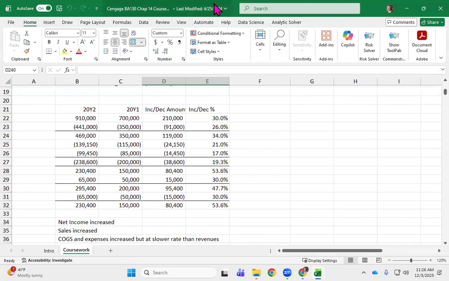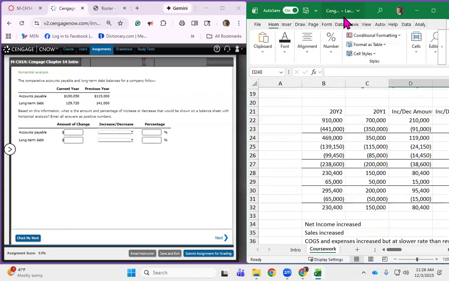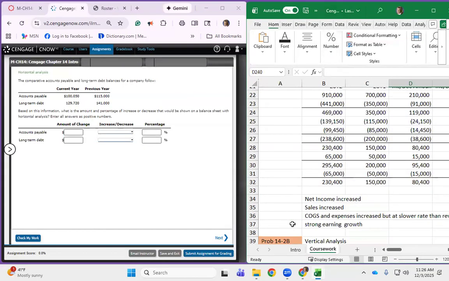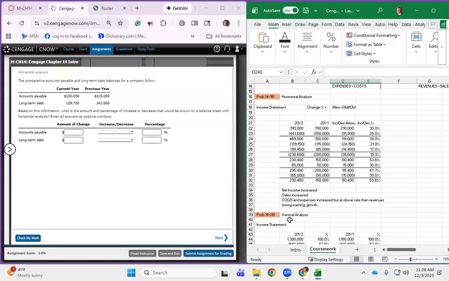So let me get this situated here. I think I'll start off with showing you what horizontal analysis is.